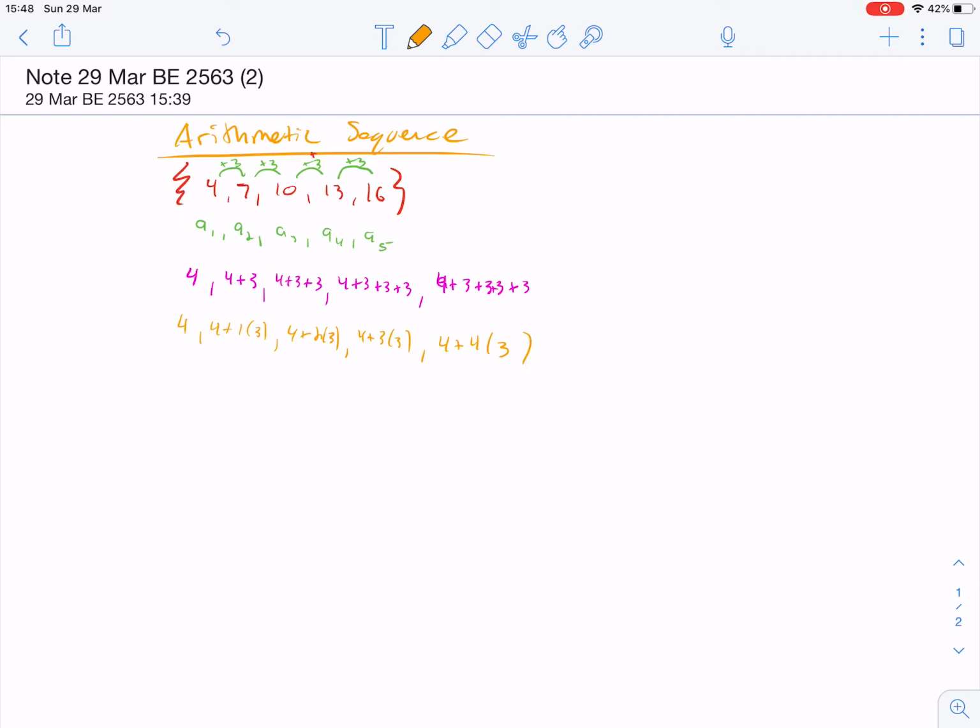So remember, this would have been our A1, A2, A3, A4, A5. Maybe you can see the pattern already, but let's show a general form.